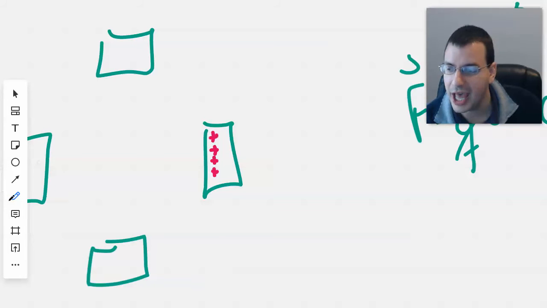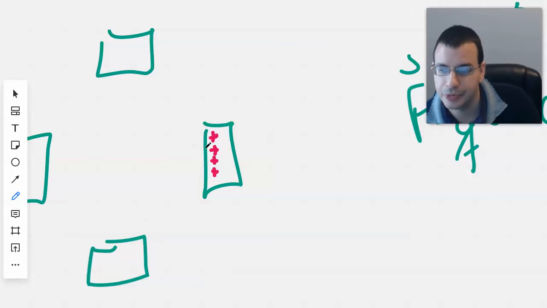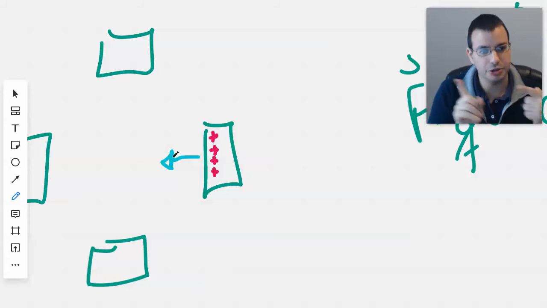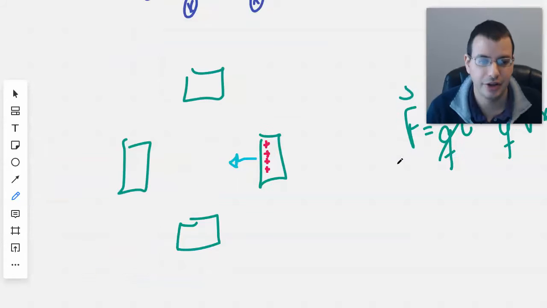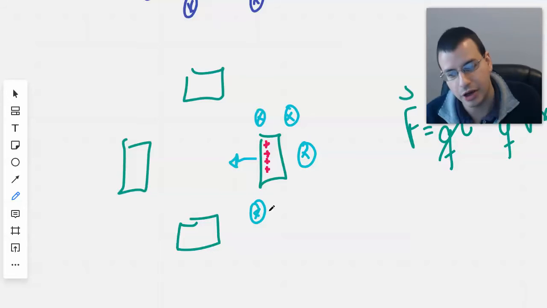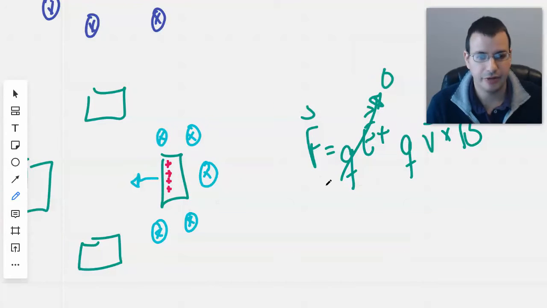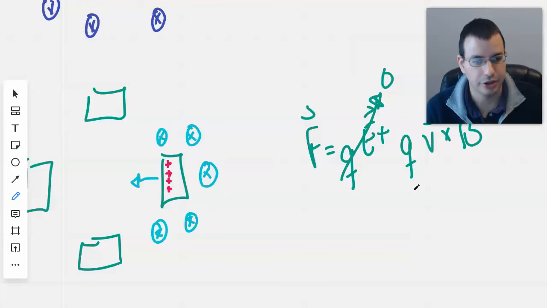So what's happening then. Since the radius is shrinking, that's equivalent to saying that this bar is moving to the left. And we have a magnetic field here going into the board. And so what we do then is look at this portion right here.